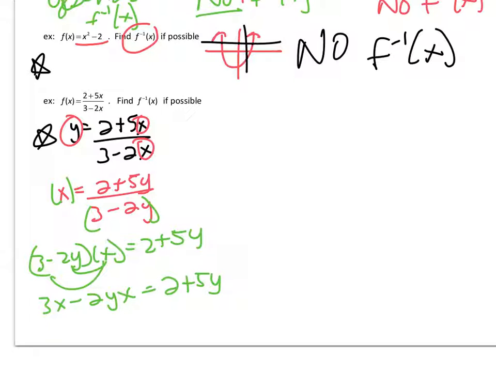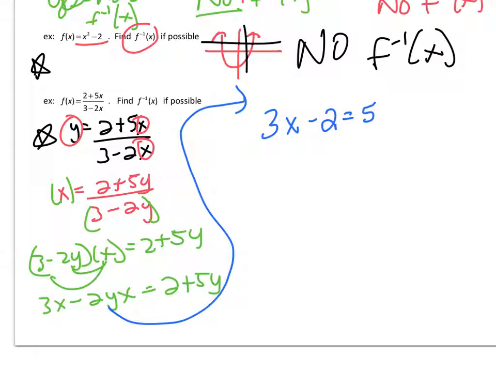Now I'm going to get all my y's on one side. So I'm going to move 3x, I'll move my 2 to the left and my 2yx to the right. And the reason for that is these have an x, so I can factor, I have a y, so I can factor out a y, because my goal is to get the y by itself when I'm writing my functions.